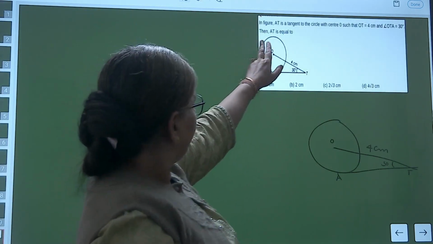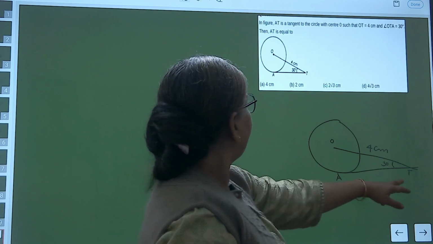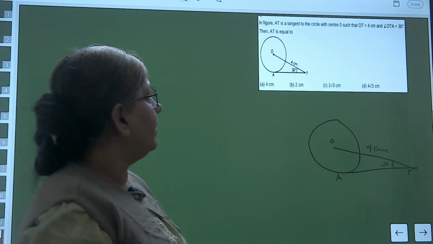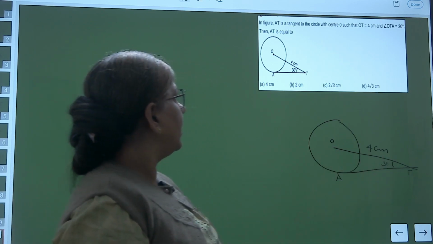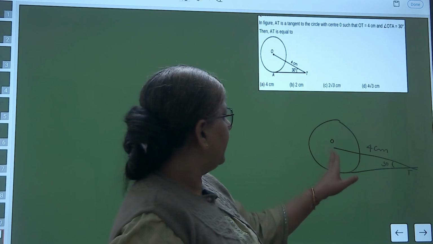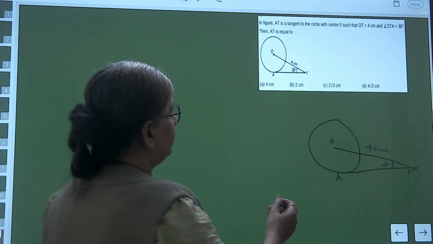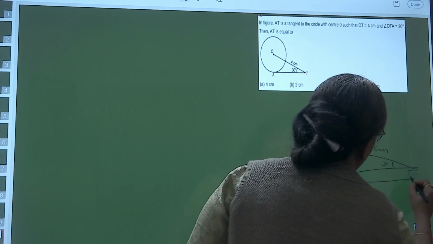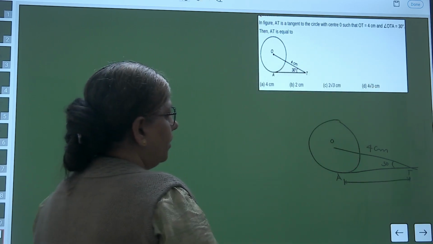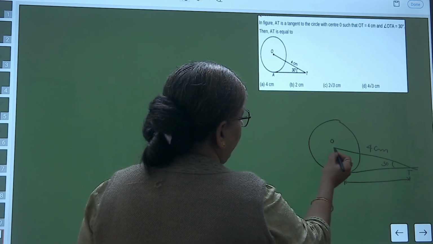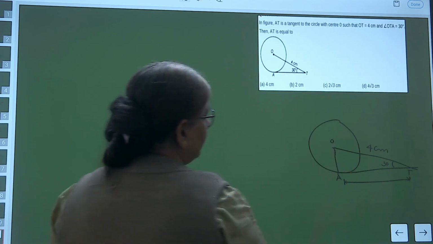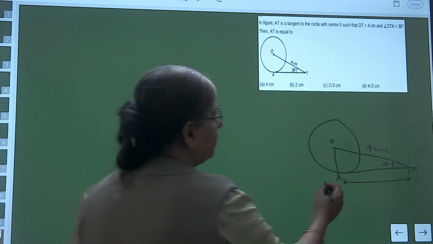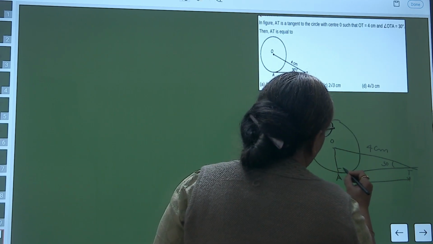In this figure, AT is the tangent to the circle with center O such that OT is 4 centimeters. Angle OTA is 30 degrees, and we have to find this length AT. Okay, what we'll do? Join O to A. We draw a perpendicular from O to the point of contact, and this will be 90 degrees.